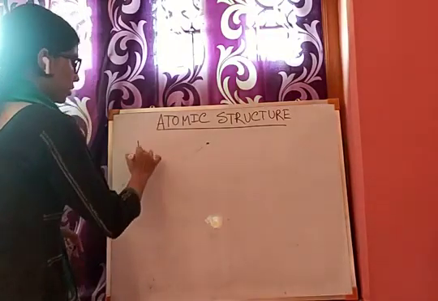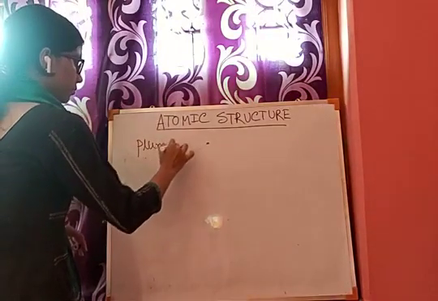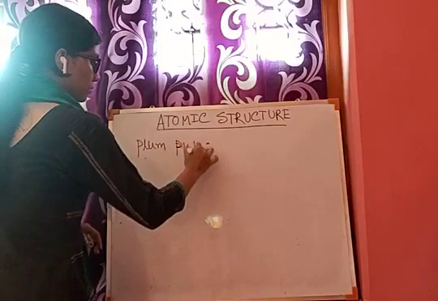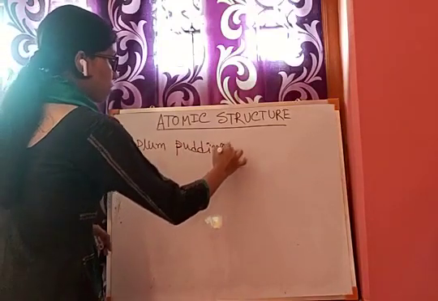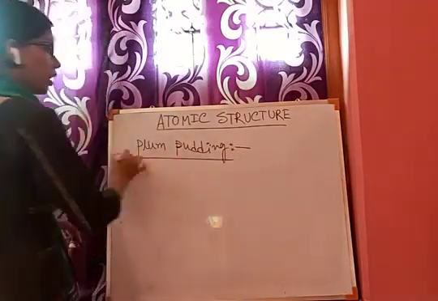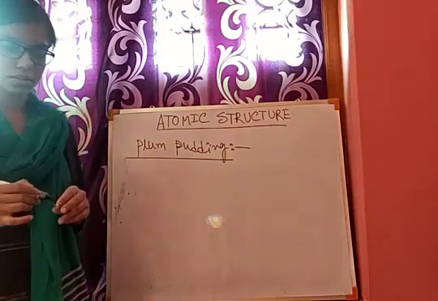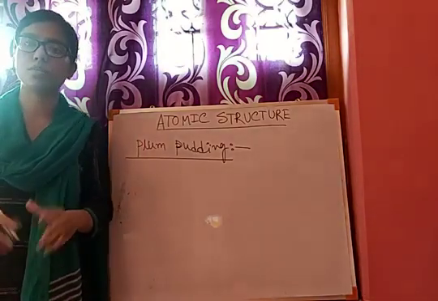So in plum pudding model, the whole atom is considered as a uniformly distributed positive charge.